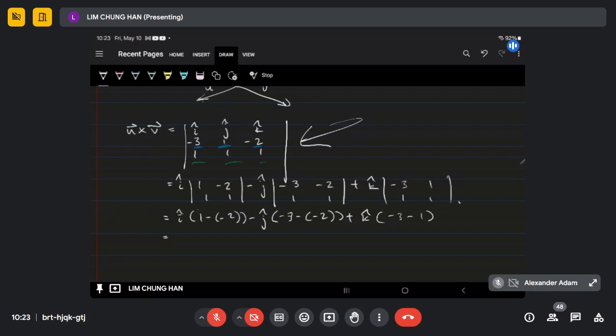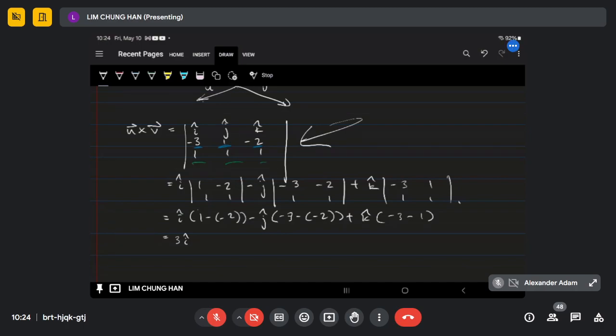So then what's your answer? 1 minus -2 is what? 3, right? 3i. And then? -3 plus 2 is what? Correct.